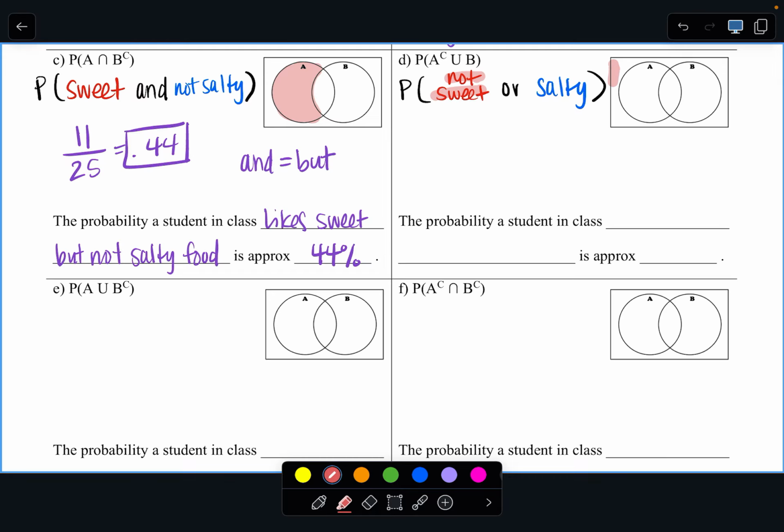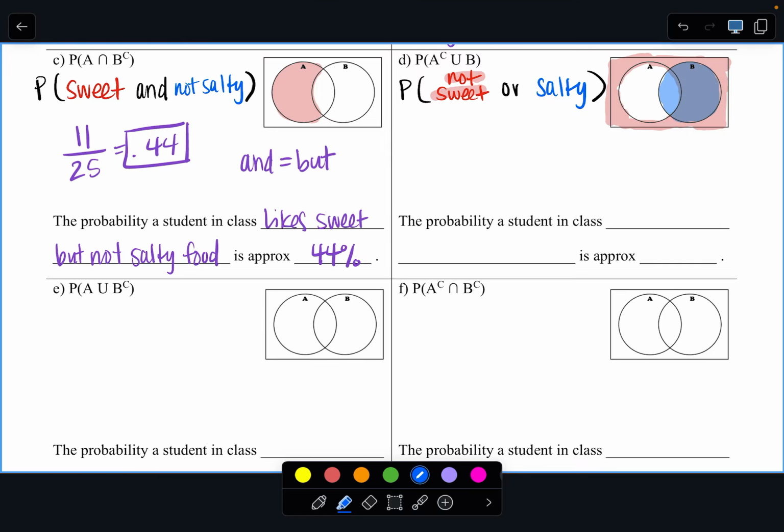So everybody who doesn't like sweets is going to be out here. So this would satisfy the first part, the not sweet part. And then the salty part is everybody who falls into circle B. And so everybody who falls into circle B likes salty food.